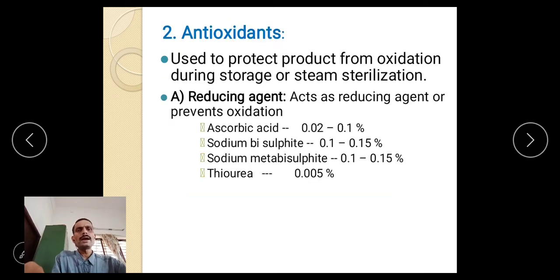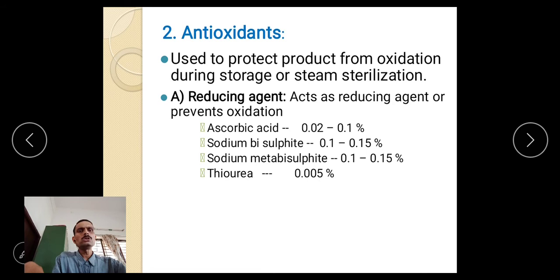Next, what are the antioxidants added? Antioxidants prevent the oxidation of the product during production or during storage, and are used to protect the product from oxidation during storage and steam sterilization. There are 4 types depending upon the mechanism of action.